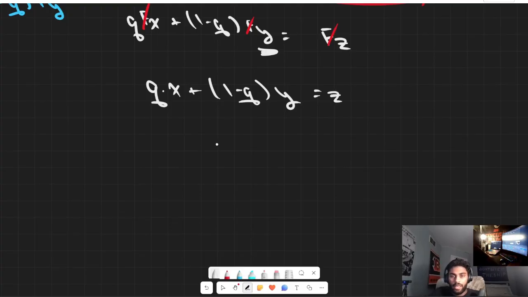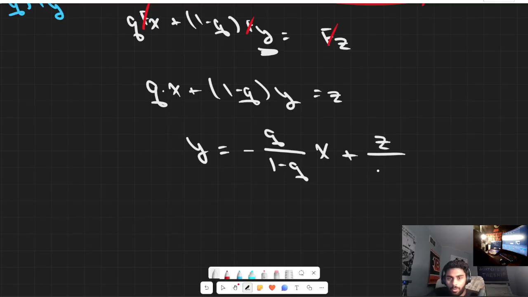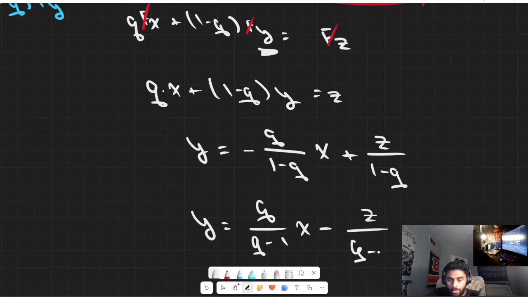So I'll say that Y is equal to minus Q over 1 minus Q times X plus Z over 1 minus Q. And if I wanted to restructure this a little bit, we could multiply this down, so we get Q over Q minus 1 times X minus Z over Q minus 1.